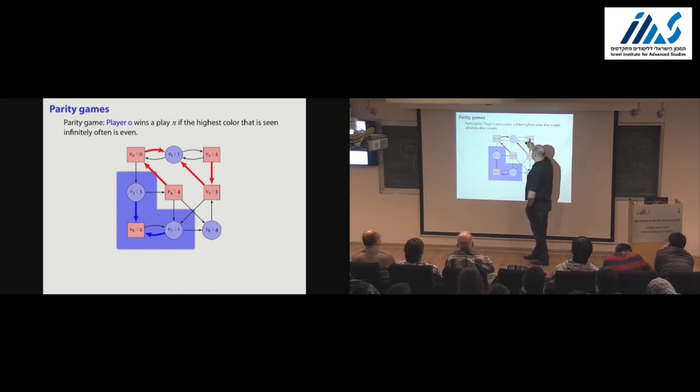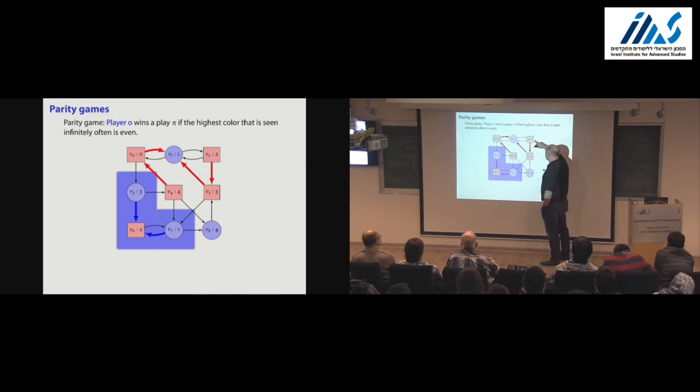If I play to V2, then what will happen is that player 1 actually plays down to V5, and then we return to V1. So now the colors are 1, 2, 3, and if I stay in this cycle infinitely often, then again I lose because the highest color that occurs infinitely often is 3.